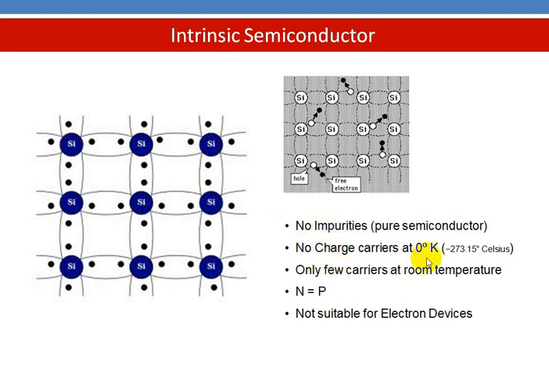There are no charge carriers at exactly 0 degree Kelvin. At room temperature, there will be only a few charge carriers. That is, the number of holes will be equal to the number of electrons, and it is not suitable for electron devices. As it is, we cannot use this intrinsic semiconductor for creating devices.